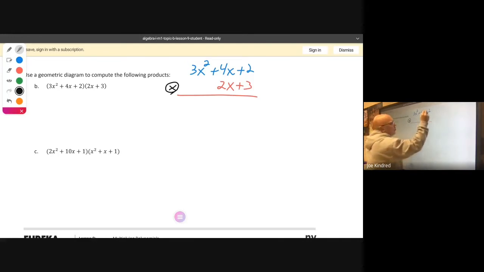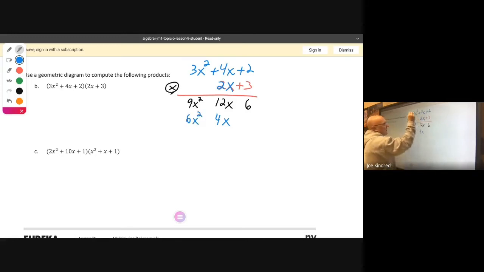And so what's 2 times 3? Well, that's 6. What's 3 times 4x? That's 12x. And 3 times 3x squared, well, that's 9x squared. And then now we take this number and we multiply 2x times 2, which is 4x. 2x times 4x, which is 6x squared.